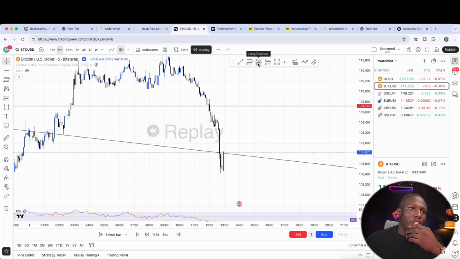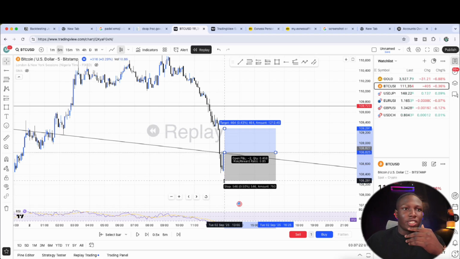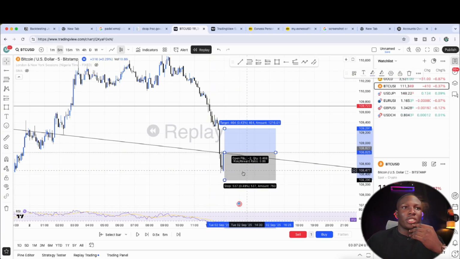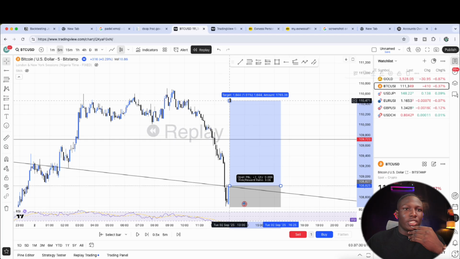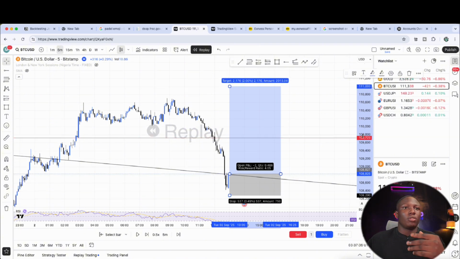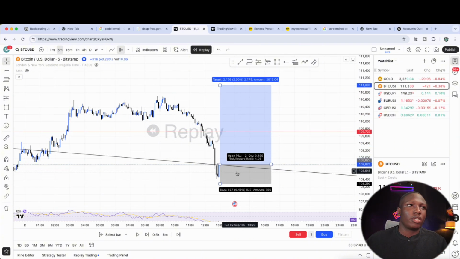I got into the market at this point. My stop loss was below this recent low, and I was targeting 1 to 4. So this was my target, and this was my entry point.